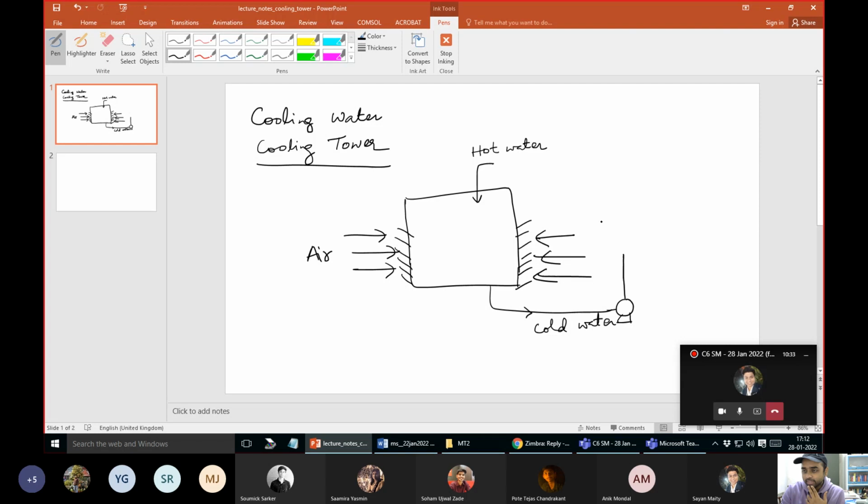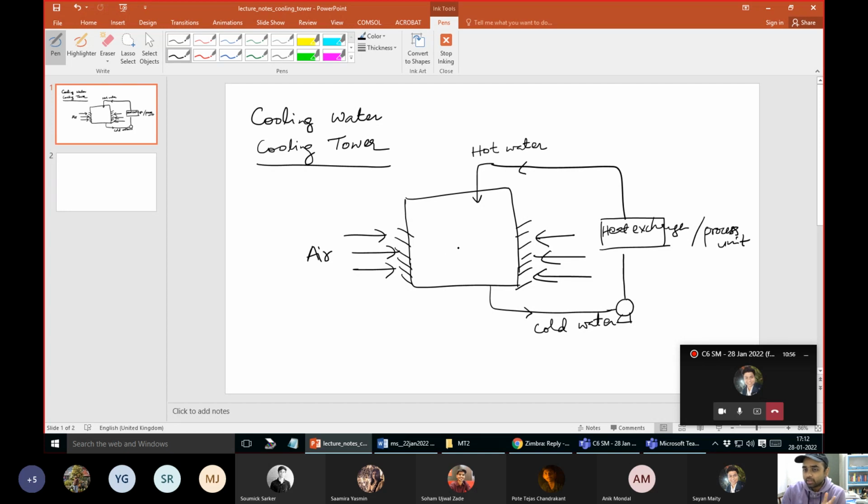It goes into a heat exchanger in the process unit, right, to cool other fluids, and then again it is recirculated back here. So this is the typical operation of this cooling tower.